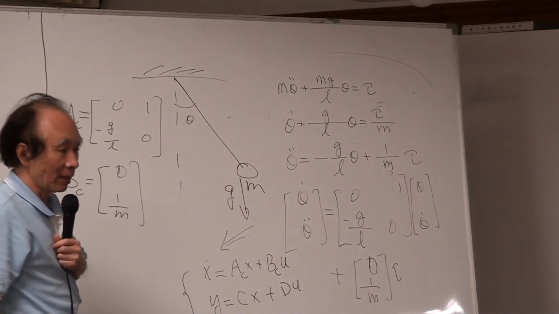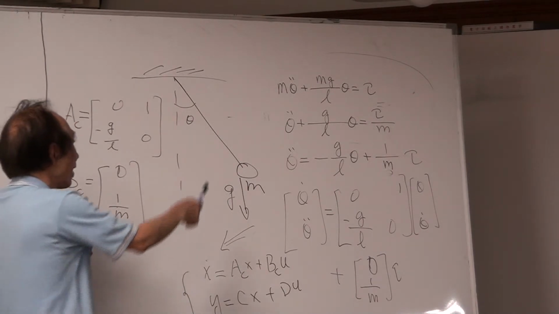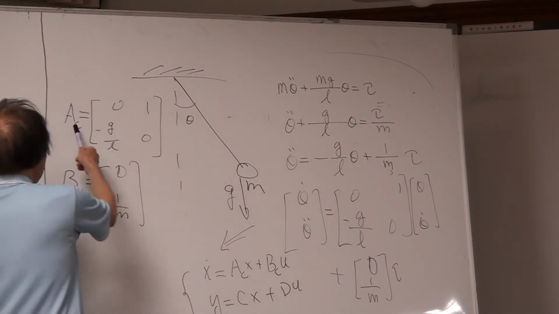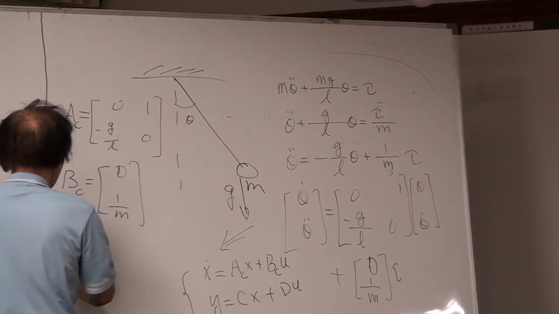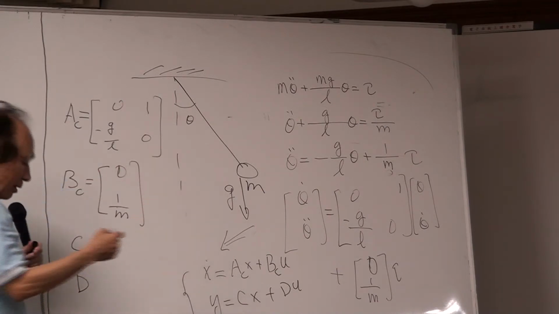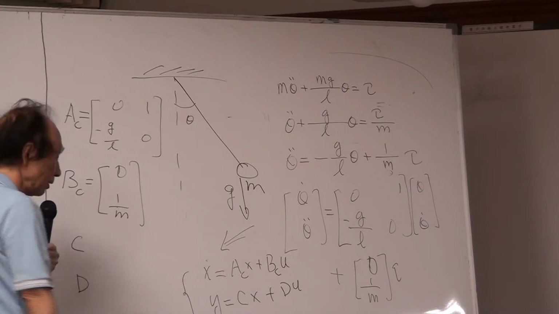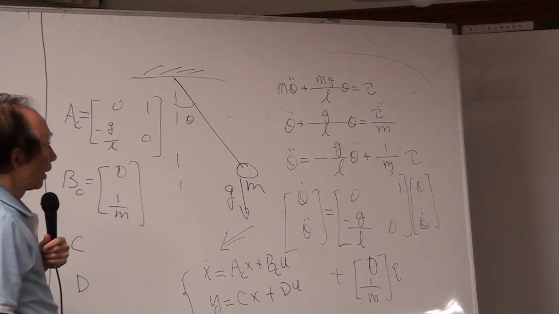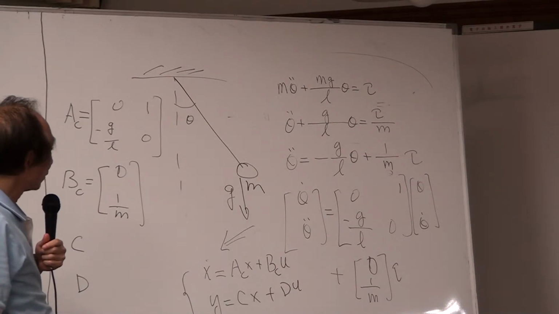Okay. Now, what do we mean by system ID? We can derive AC, BC, C, and D from that Newton law. All right, the system ID means I don't use Newton law.